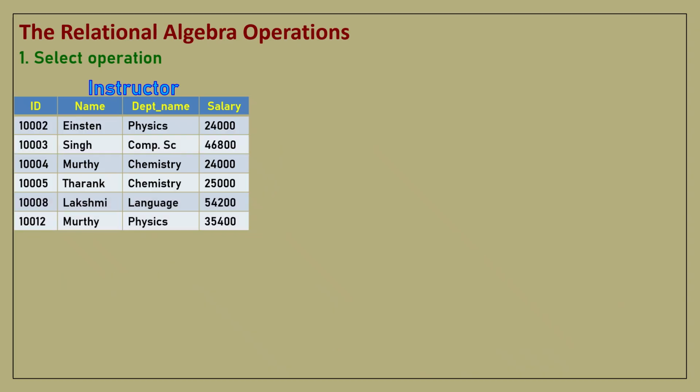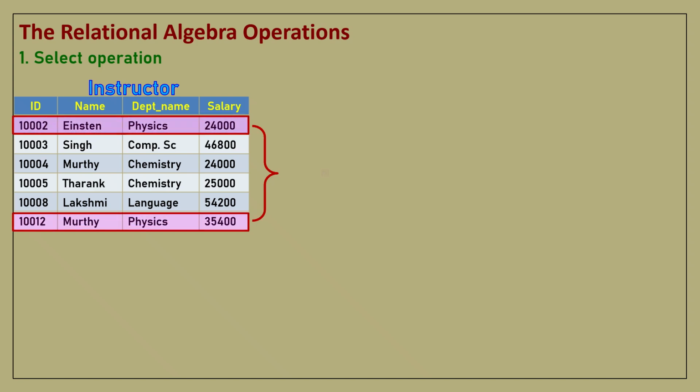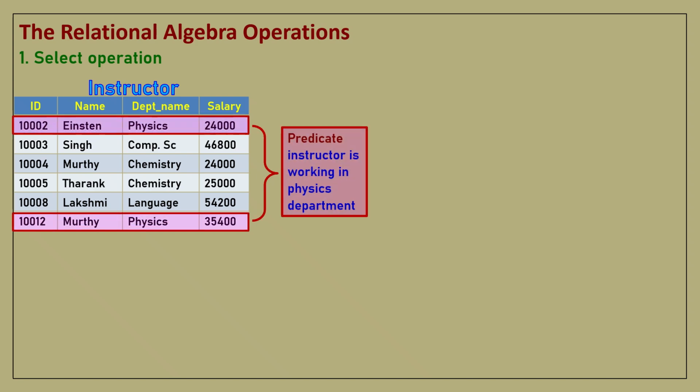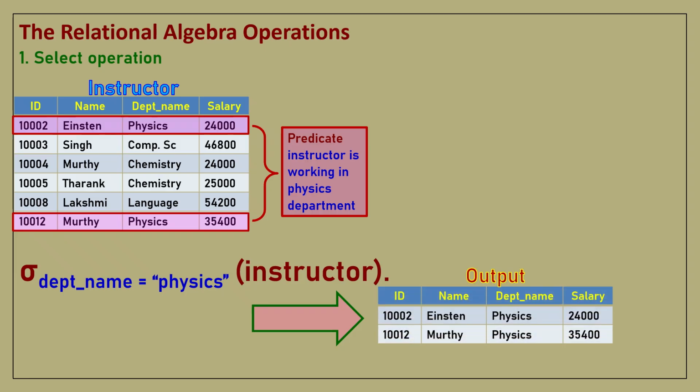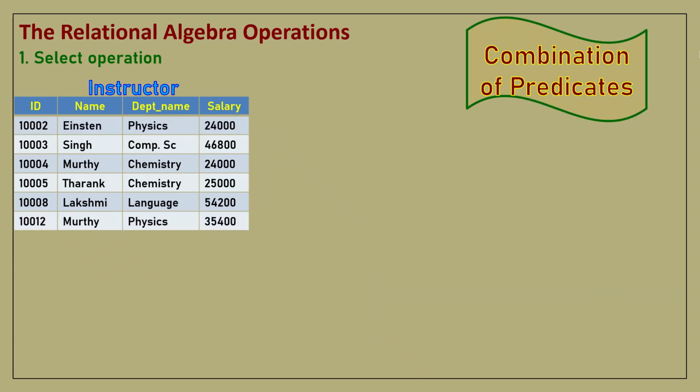One more example. Select those tuples from instructor relation where instructor is working in physics department. Sigma, department name equals physics, from instructor. This results in retrieving tuples from instructor relation with instructor working in physics department. Combination of predicates.